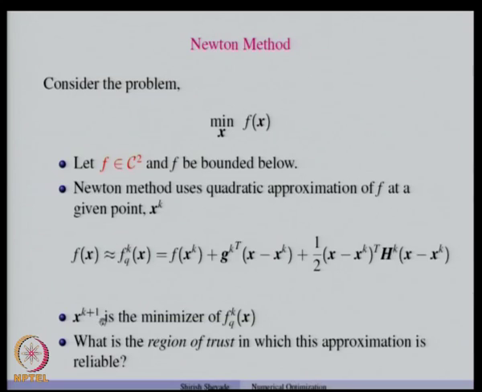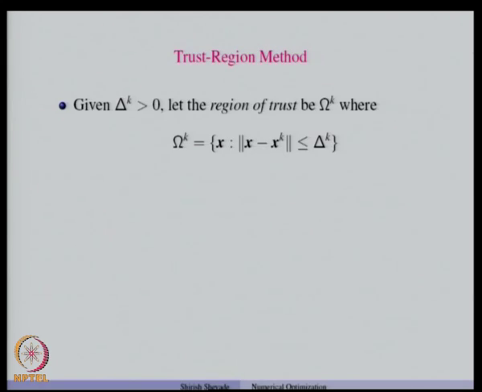But if the quadratic approximation is not reliable in the region, then we would like to reduce the region of trust, or reduce the region in which we can approximate f by a quadratic function. Such methods, which use the region of trust of the quadratic approximation, are called trust region methods.